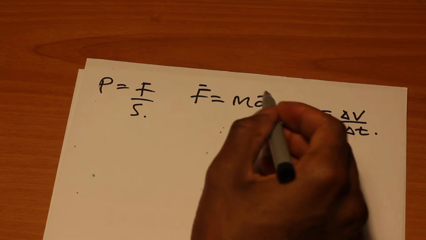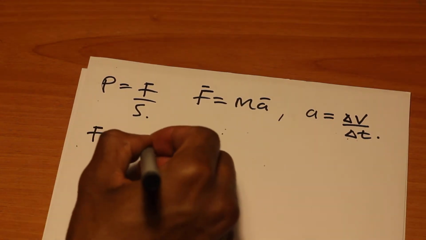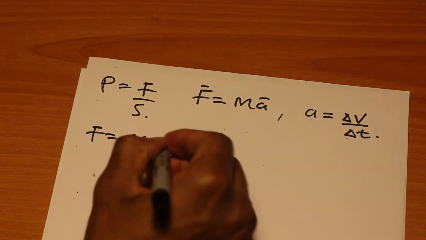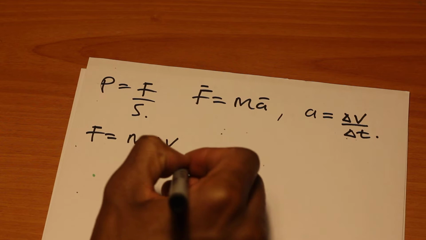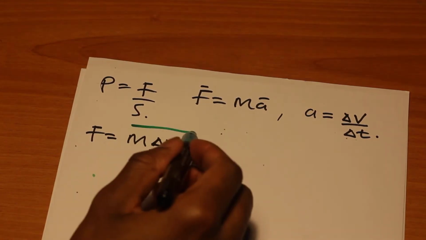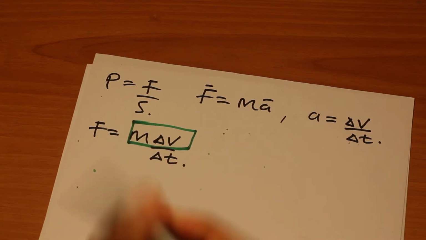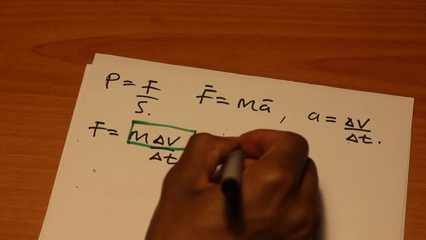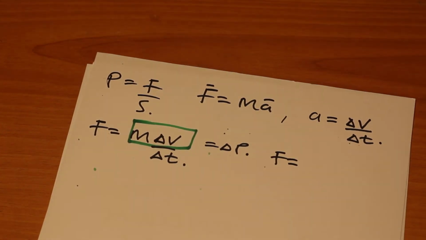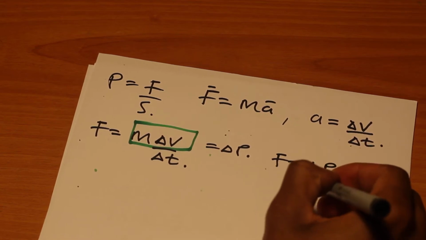Replacing acceleration in the force formula, we obtain force is equal to mass multiplied by the change in velocity over the change in time. The mass multiplied by the change in velocity gives us what we call impulse. Therefore, we can write the force as equal to the change in impulse over the change in time.